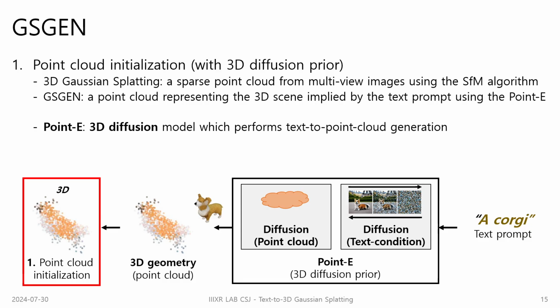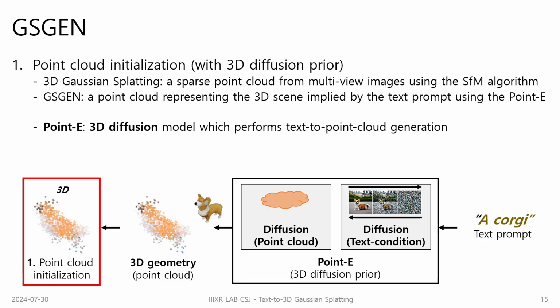While random sampling could be used to create a point cloud, it might lead to degenerated 3D objects, depending on the quality of the initial point cloud. Therefore, it is crucial to have a method that can convert the user's text prompt into a 3D geometry.